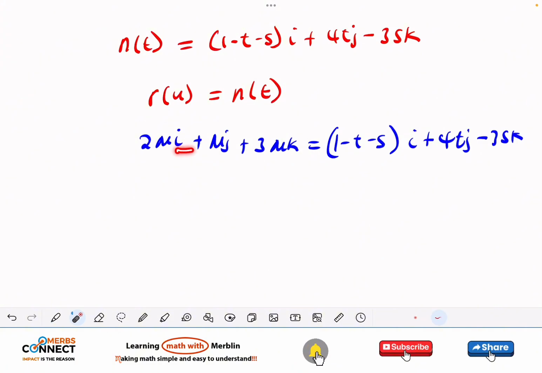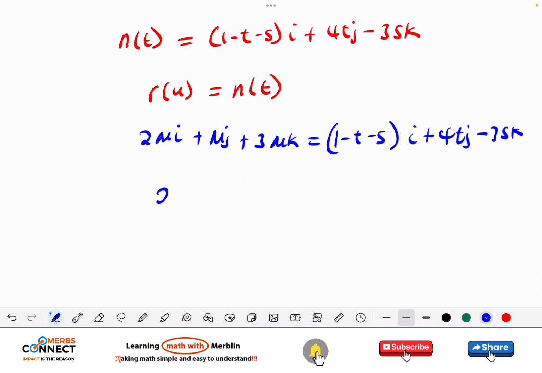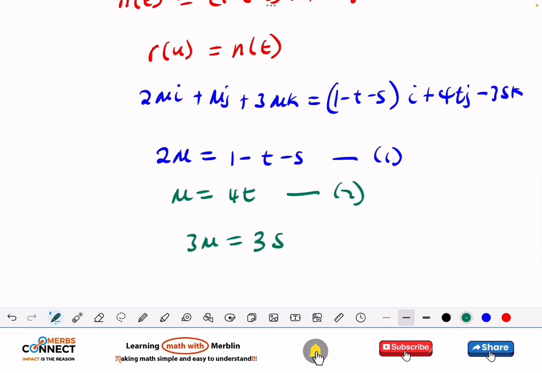So I have i, j is here, and then k is here. So this implies that 2 mu is equal to 1 minus t minus s. Let me call this equation 1. And then I have mu, which is equal to 4t. Let me call this equation 2. And I have 3 mu, which is equal to minus 3s. Let me call this equation 3.